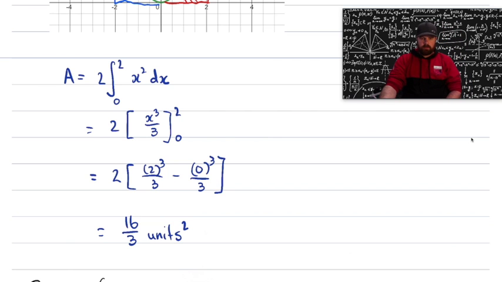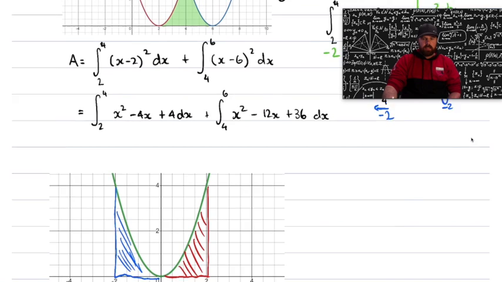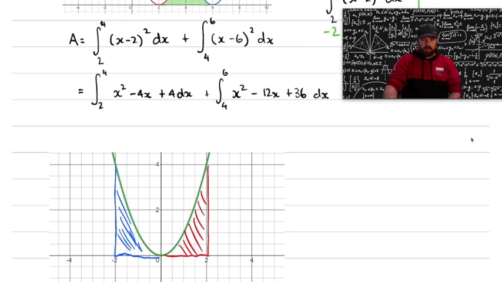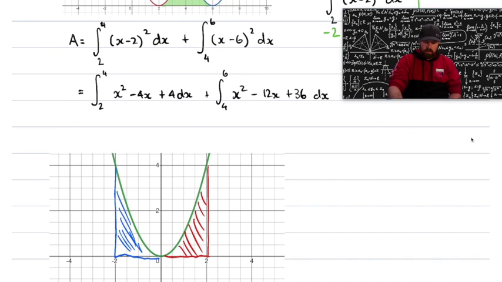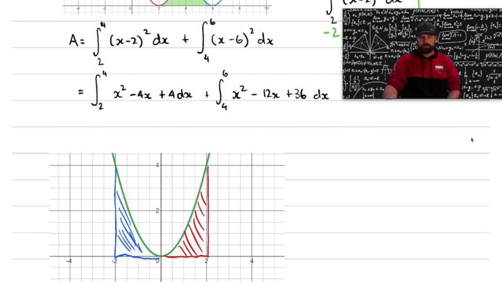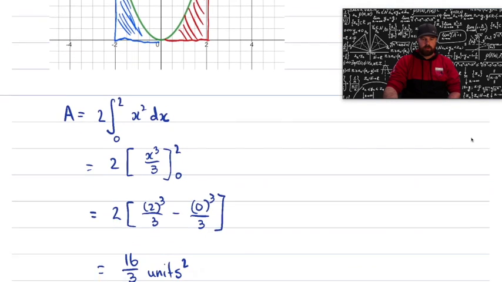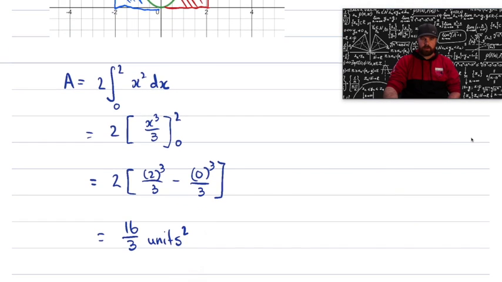Now, I don't know about you, but integrating x squared by itself is going to be a lot simpler and more straightforward than having to integrate and evaluate all of those terms. Doing it the long way still gets you to 16 on 3 units squared.